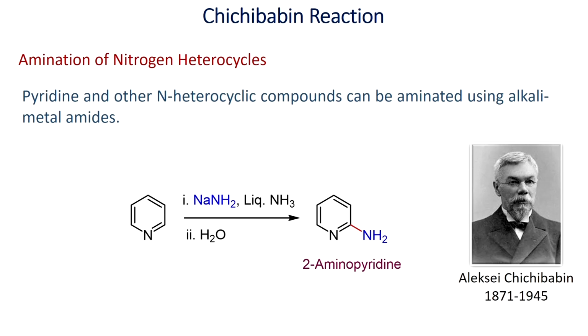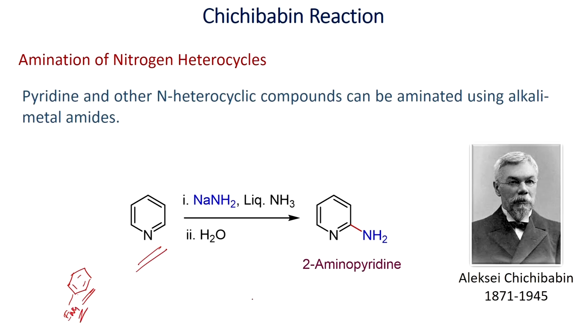So, now let us look at some of the name reactions, which are also in principle nucleophilic substitution reactions. Now, let us take pyridine and compare it with benzene. We have seen several examples of nucleophilic substitution on benzene. It happens when you have a strong electron withdrawing group.